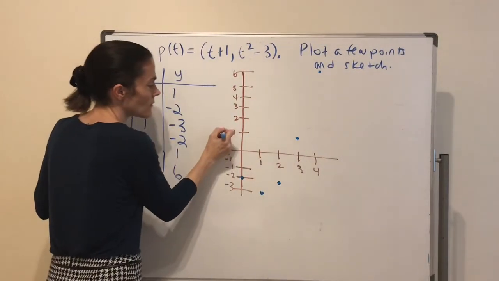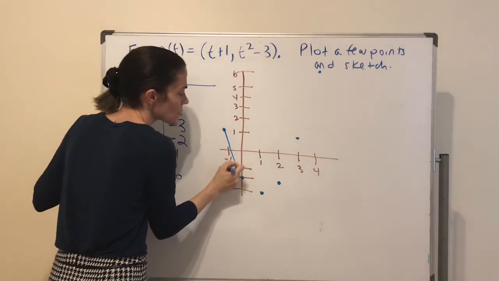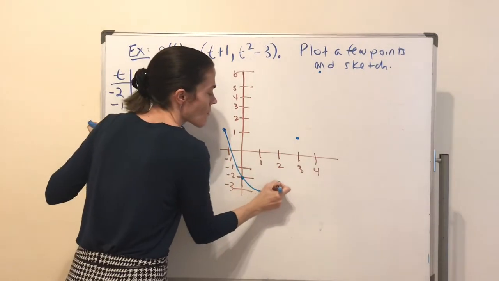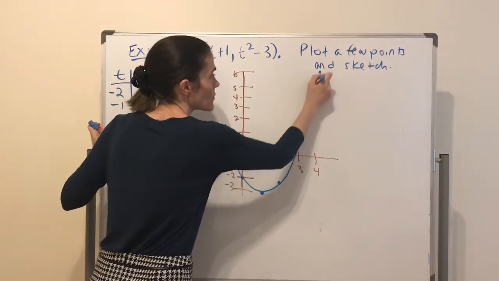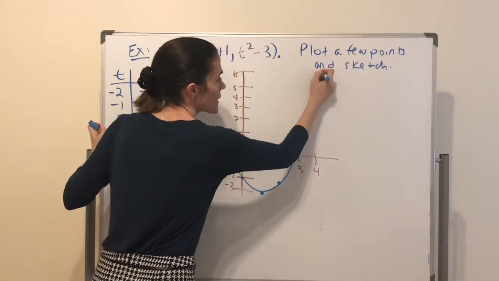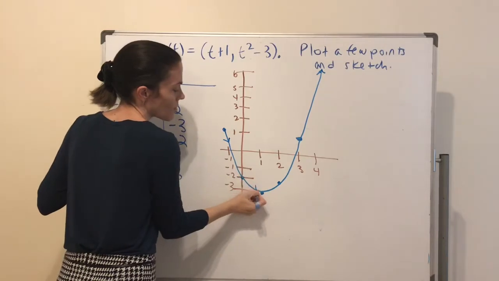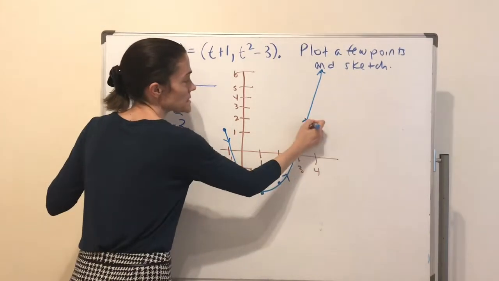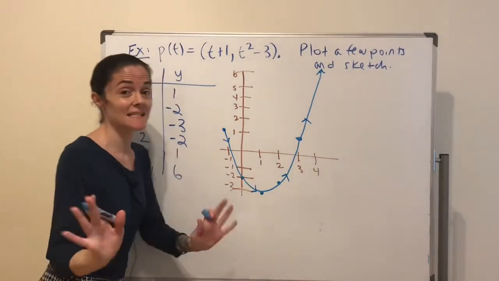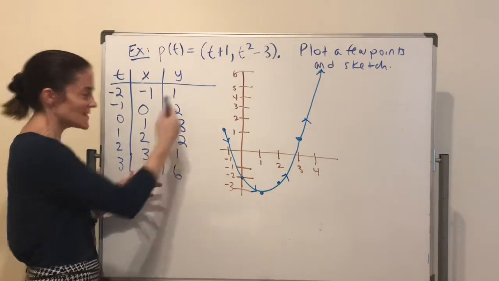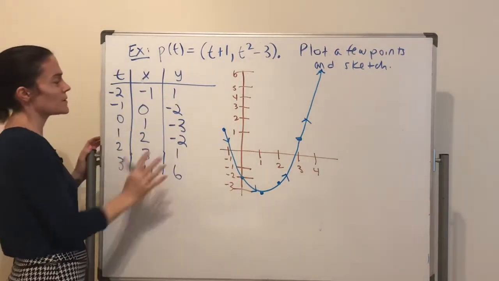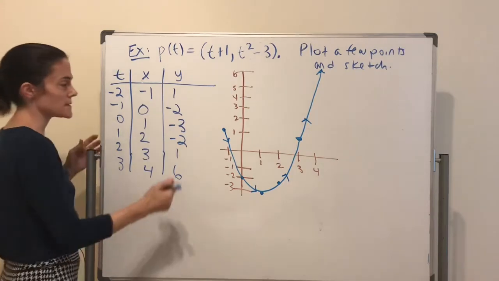And this parameterized curve, it didn't quite go through this point. Okay, it goes like this. And typically we will put arrows like this to show the direction as t increases. Okay, so this is a sketch just by plotting these 6 points.